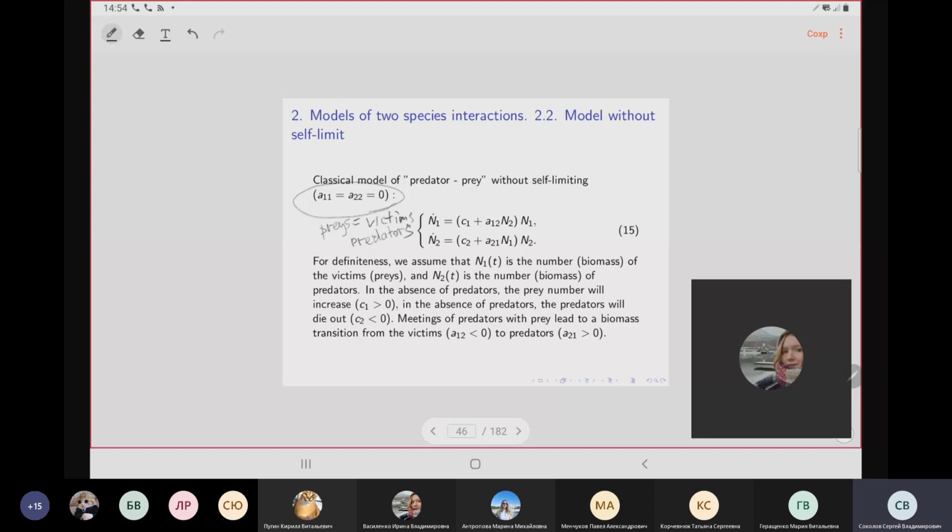First of all, we have to understand what the signs of our coefficients are. So the model is really very simple.